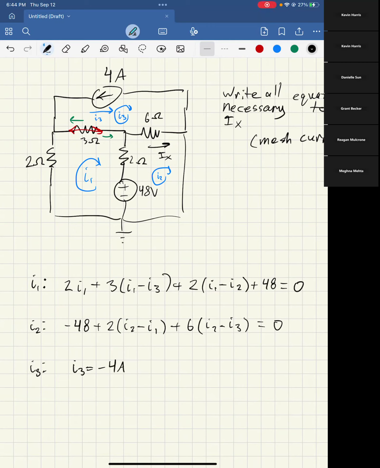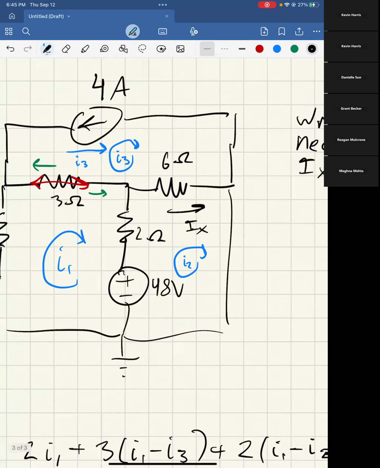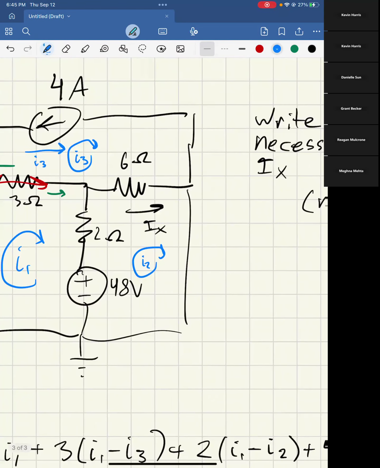Because I3 is going clockwise, however, the real current as defined by this current source is going to the left. And so that's 3 equations there. That's enough to basically solve for all values in the circuit. And then for Ix, because this is asking you to find all necessary equations to find Ix, it would be I2 minus I3, because just like with that 3 ohm resistor, we have the current component I2 and the other current component I3.